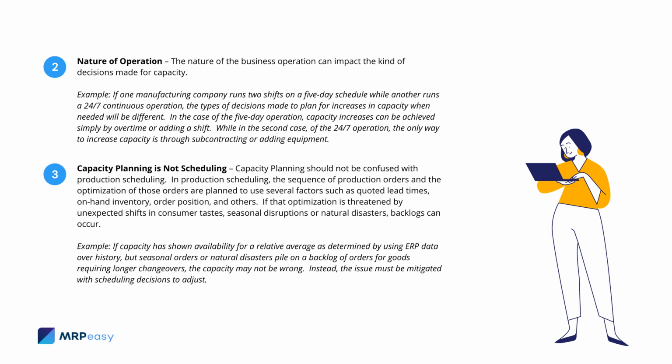Example: if a capacity has shown availability for a relative average as determined by using ERP data over history, but seasonal orders or natural disasters pile on a backlog of orders for goods requiring longer changeovers, the capacity may not be wrong. Instead, the issue must be mitigated with scheduling decisions to adjust.